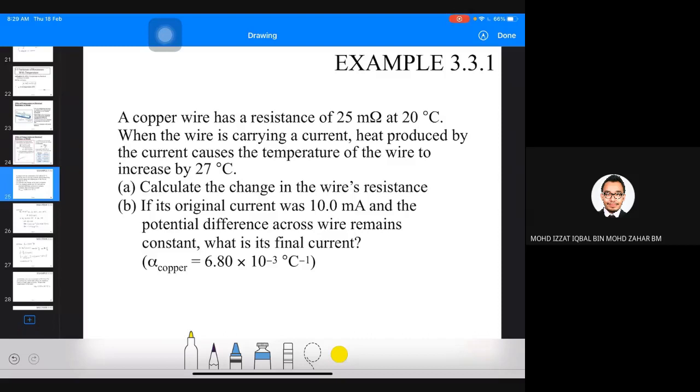Okay, so in theory, if the circuit has lots of resistance and the current flows for a period of time, normally they will have power loss in the circuit. So the temperature will increase.